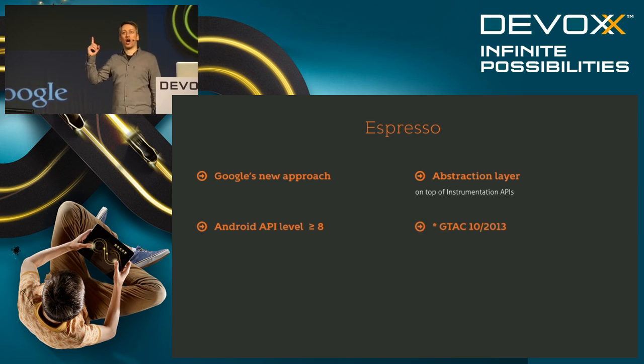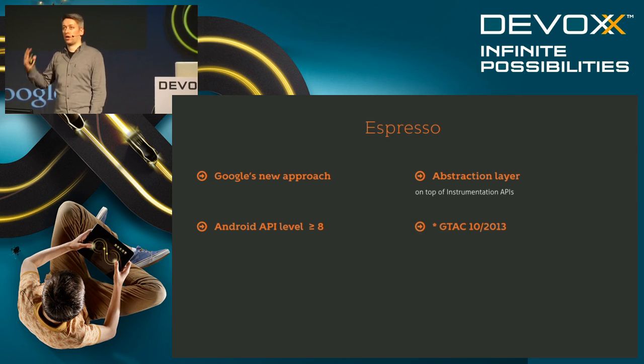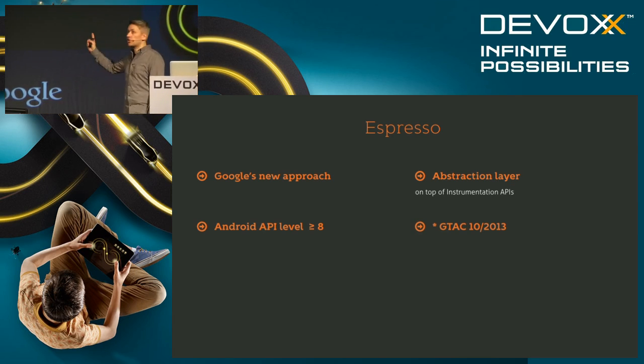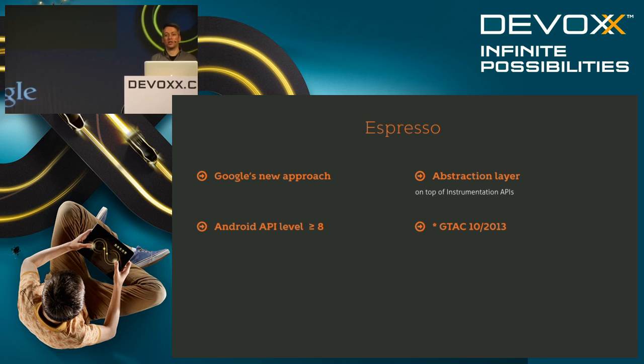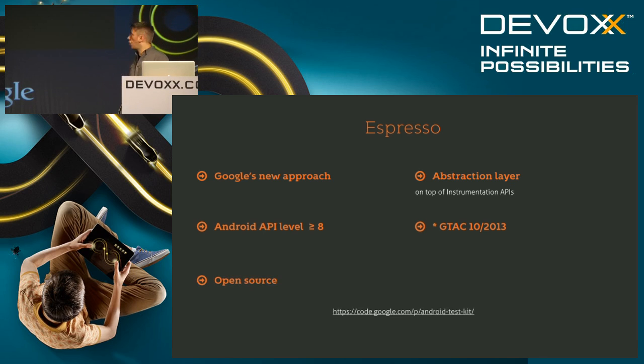It was released now more or less one year ago. Google has a Google Test Automation Conference, and last year it was presented. Basically, the story behind Espresso is that one of the internal teams in Google thought, well, this whole testing story could be a little bit better, so why not make something that is better? And that became Espresso. It's an open source framework, and this is the link to the site.